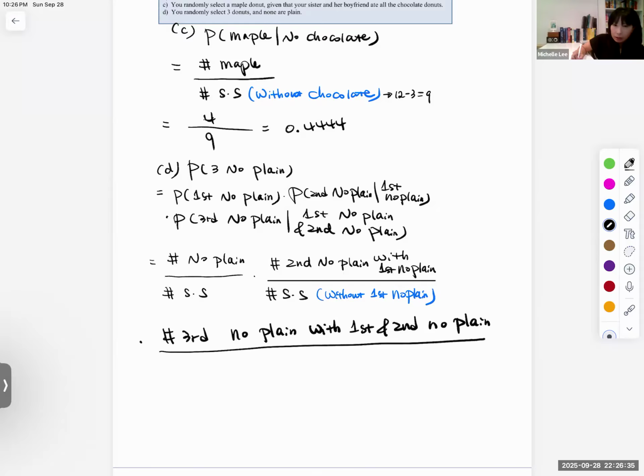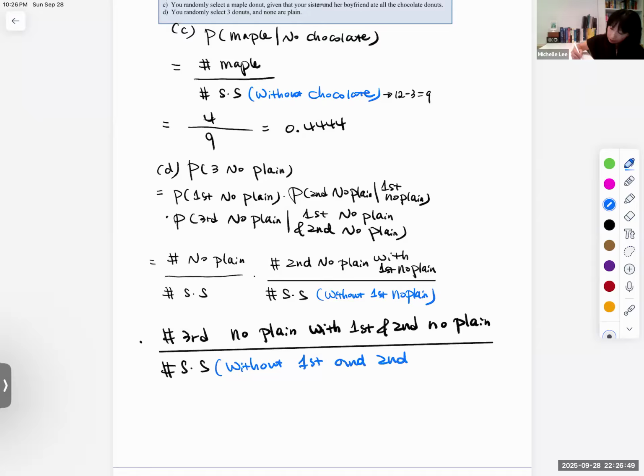Divided by the number of sample space, that's without first and second no plain, right? So the sample space is 12 earlier, then the next sample space will be 11 because without the first no plain, and then for the third one we have 10 because we take out the first and second no plain, right?